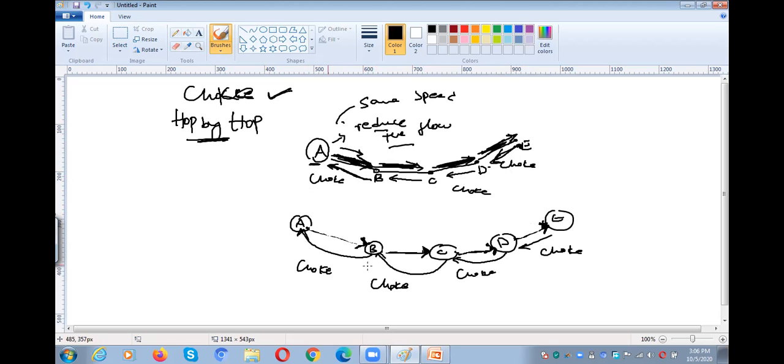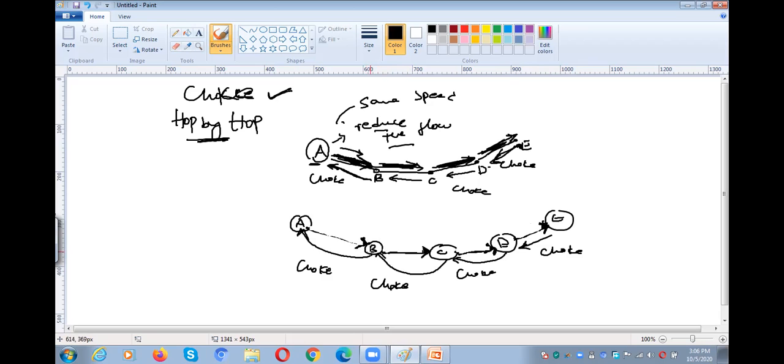But here, whenever there is a congestion, E tells D that it cannot receive the information sent. Immediately, D will reduce the speed and then forward the choke packet to C. Whenever C receives the choke packet, it will regulate the flow from there at least, and then send back the choke packet to B. Whenever B receives a choke packet, B also reduces the flow.